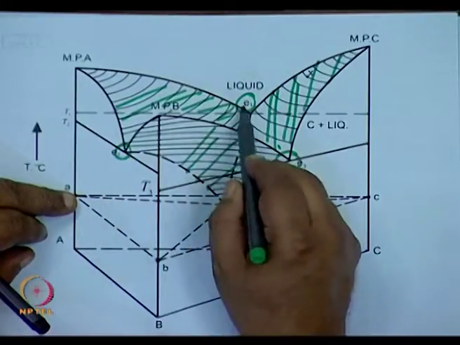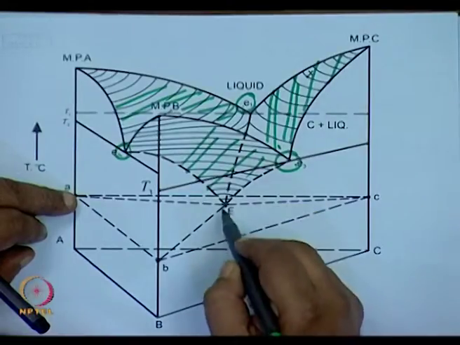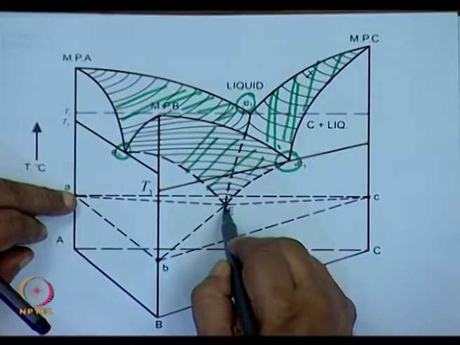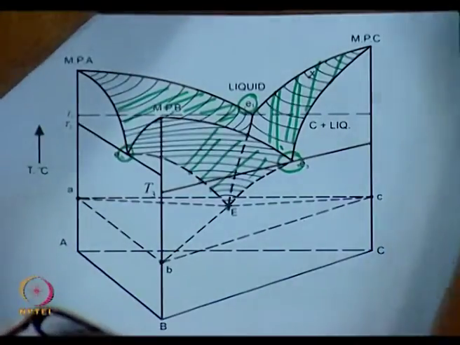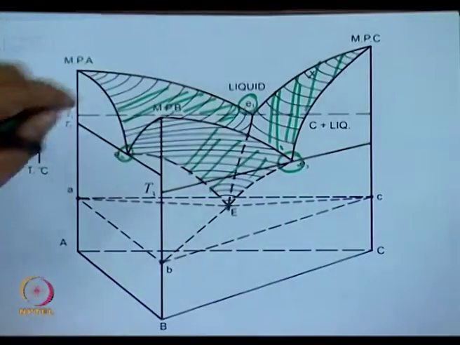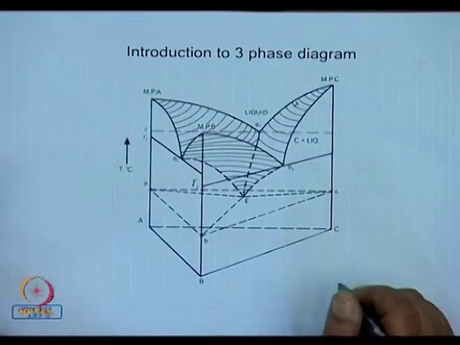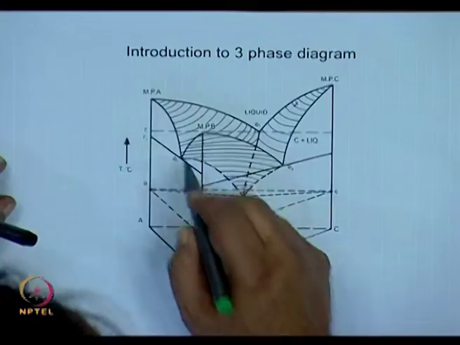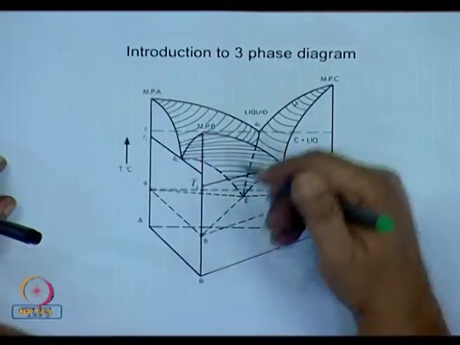These three eutectics, E2, E1 and E3, combine together to give us this final eutectic. So what we have on this three-phase diagram, this is two-phase and two-phase.